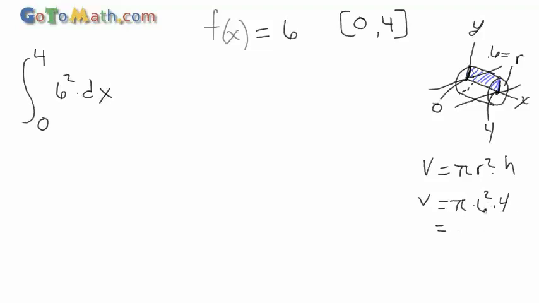So 6 times 6 is 36, and 36 times 4 is 144. So this would be 144 pi, and of course some units cubed here.